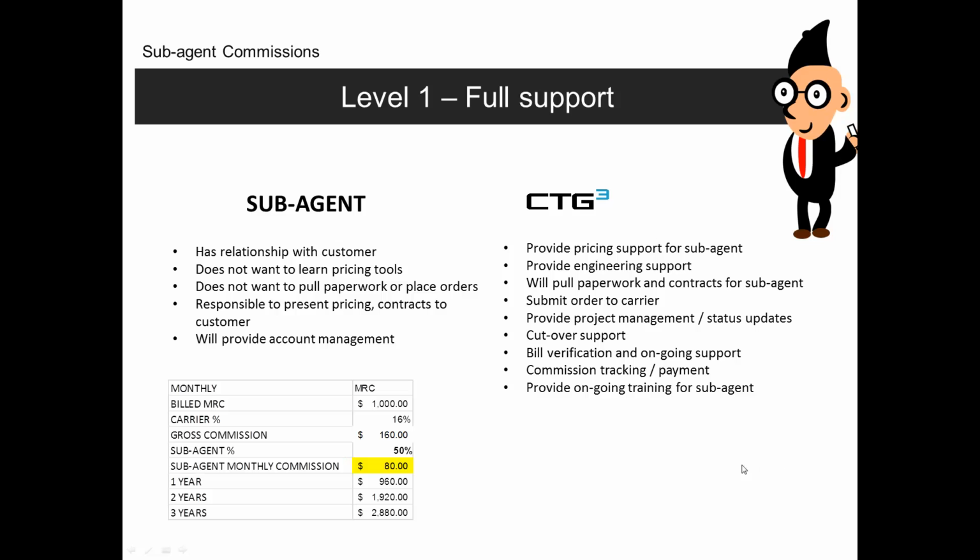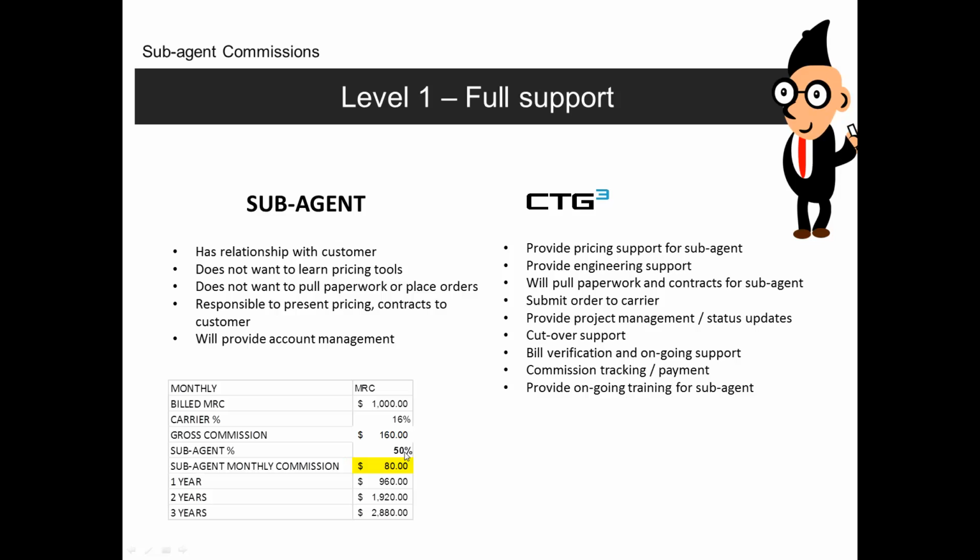Now in this type of support model, we will typically do a 50-50 split on commissions. So in this example, the carrier bills $1,000 per month and the percentage is 16%. That'll result in a gross commission of $160.